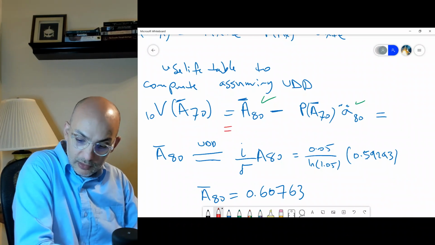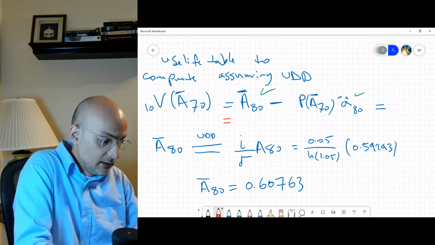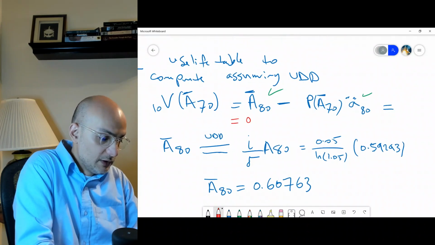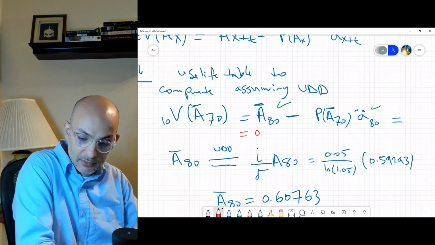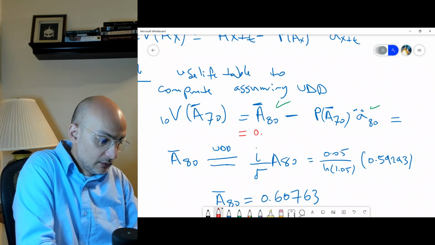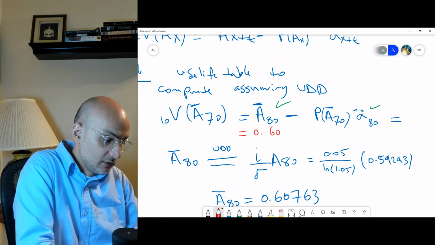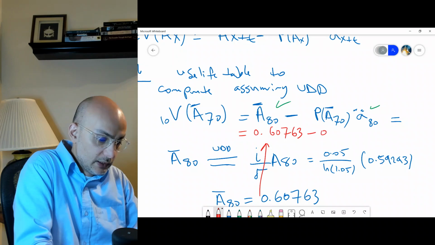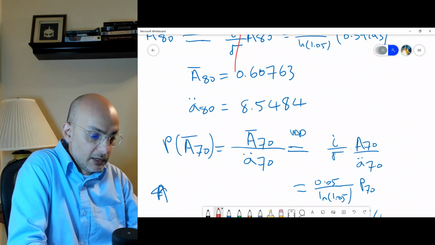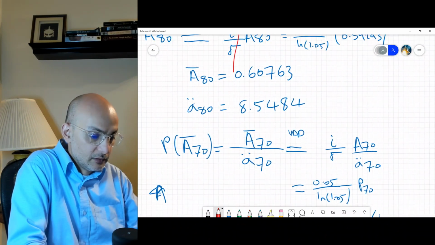So remember A80, the one we computed, we have to multiply it by i over delta, is 0.60763, minus our one, which we also multiply by i over delta, 0.364.